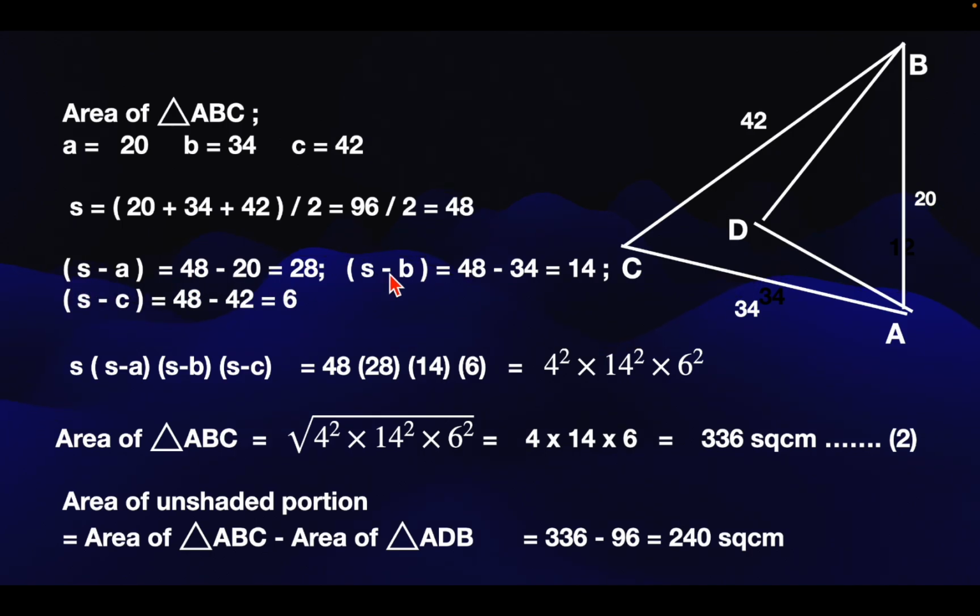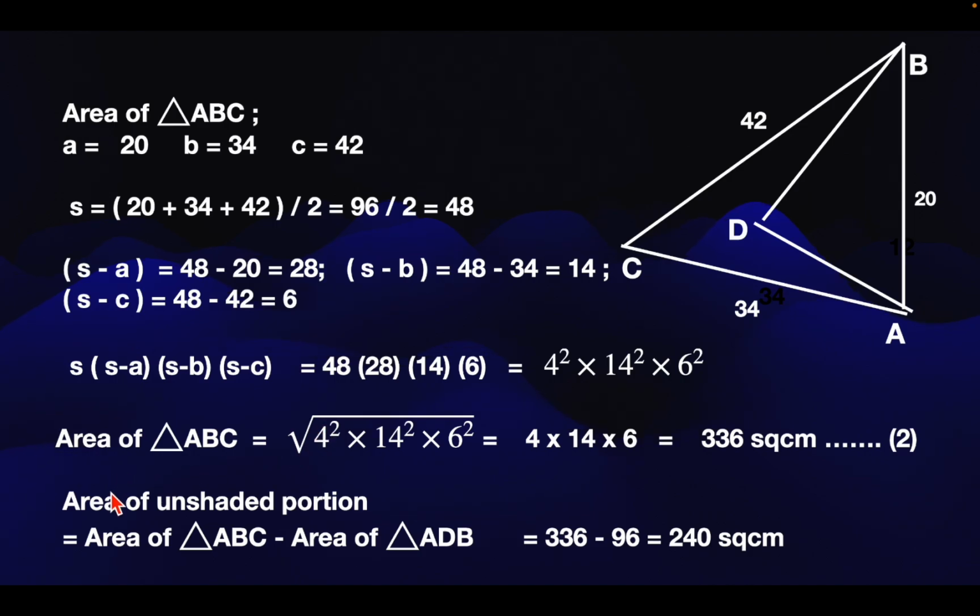Find S minus A, S minus B, S minus C. Write the expression in square form like this, and then do the square root, and you will get the area. So 4 into 14 into 6 is equal to 336 square centimeter. If you want, you can even multiply and then do the square root. Doesn't matter, whatever method your teacher teaches you, you can follow it. Only you have to simplify this expression properly.